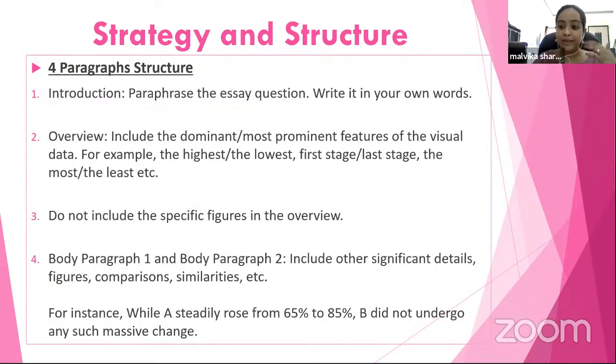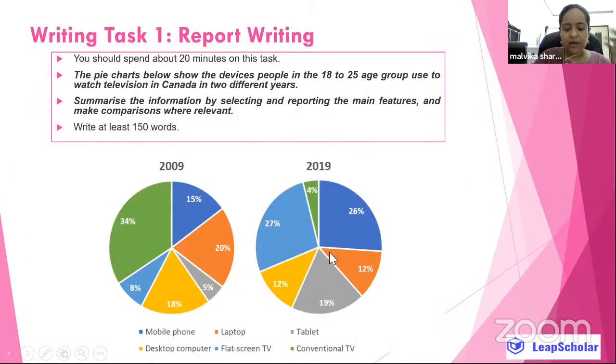So suppose in the question, if we go back, in the question, we are actually having, say, 6 devices. So it is completely dependent upon us which devices and the data we want to include in body paragraph 3, and which are those that we wish to include in body paragraph 4. Okay.